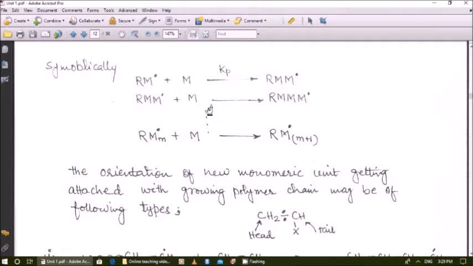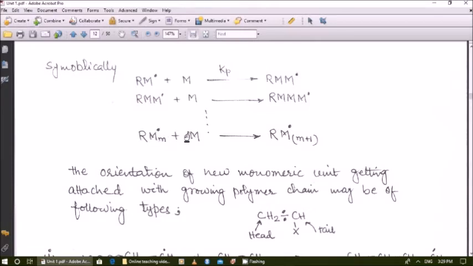there will be hundreds, millions or billions of reactions, and at the end we can generalize this reaction as RMm•, with subscript small m. That means in the growing polymer chain there are m number of repeating units.